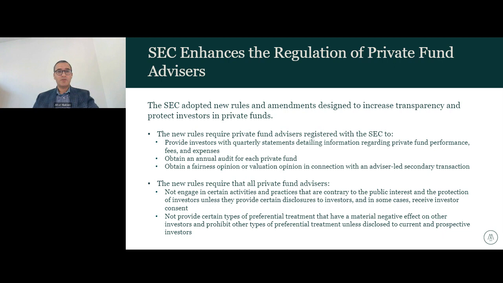And then there are new rules that apply to all private fund advisors, including non-RIAs, meaning non-registered investment advisors. The first one is not to engage in certain activities and practices that are contrary to the public interest and the protection of investors, unless they provide certain disclosure to investors and, in some cases, receive investor consent.